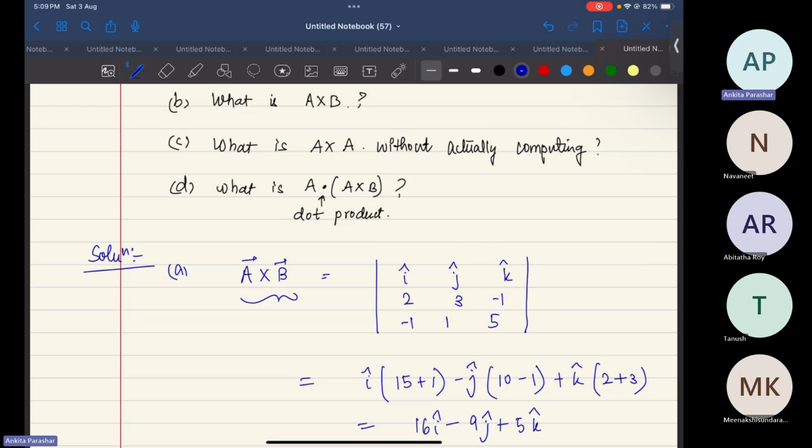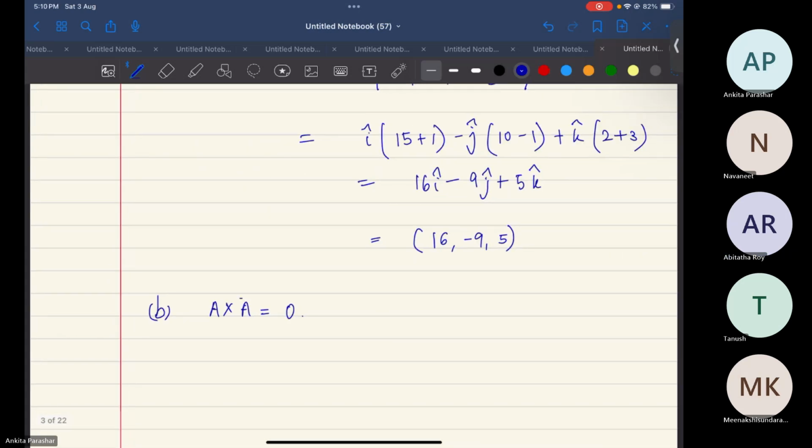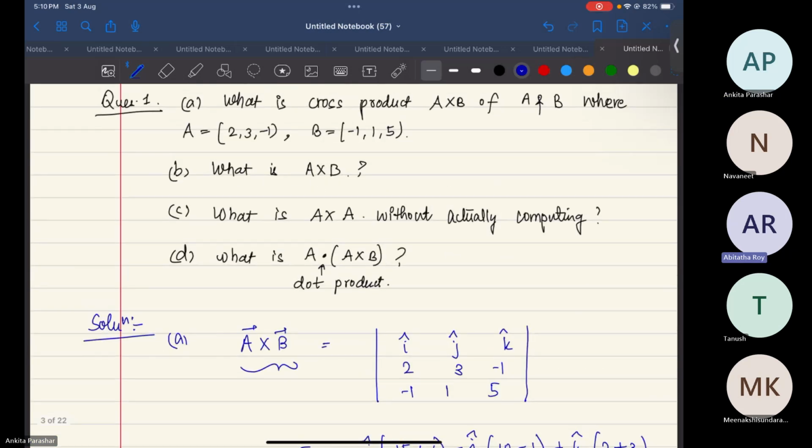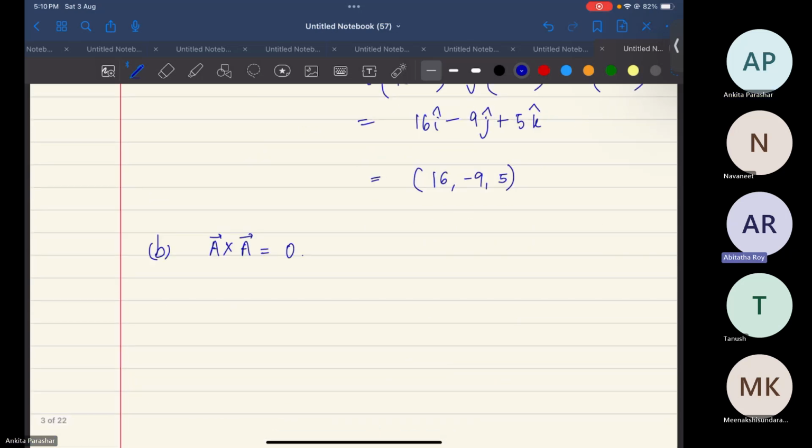Okay, but without actually computing, can you use a certain identity to say that? If I use the formula, a cross b is a into b into sine theta, where theta is the angle between them, and n cap.